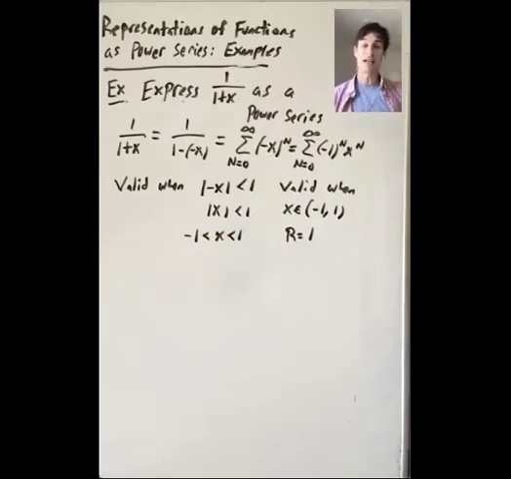What we'll see in the next video is that there are certain operations you can do to a function, differentiation and integration, that you can also do to their power series representations. So we're going to start with some functions that we can represent as power series, differentiate and integrate, and that'll let us write other functions as power series.